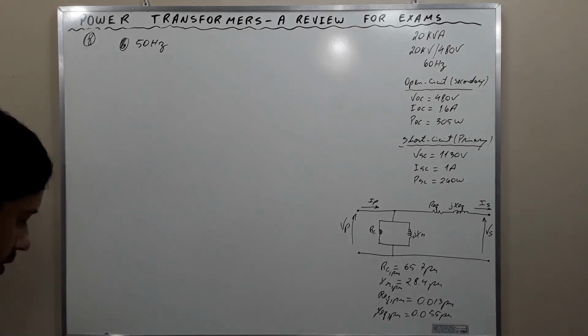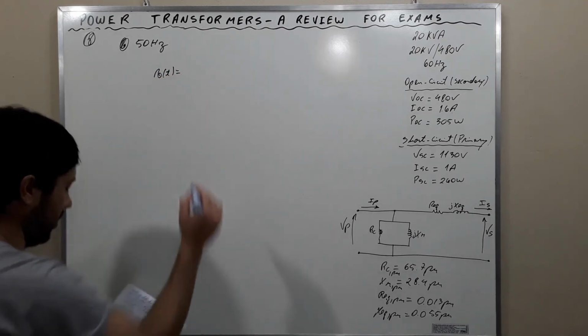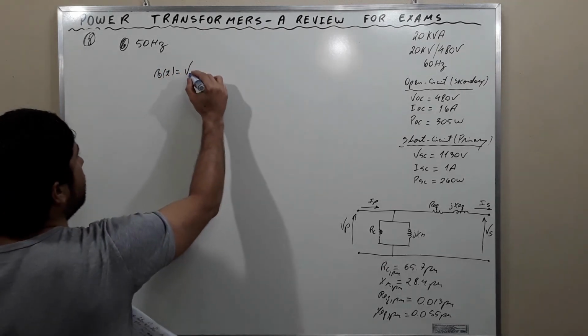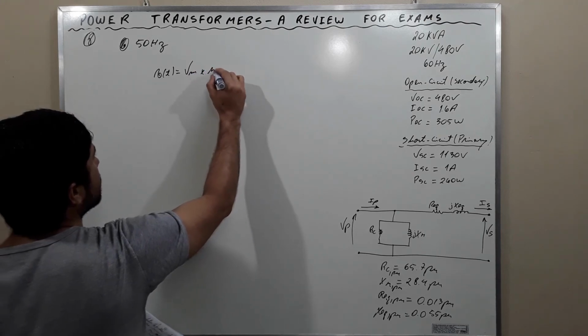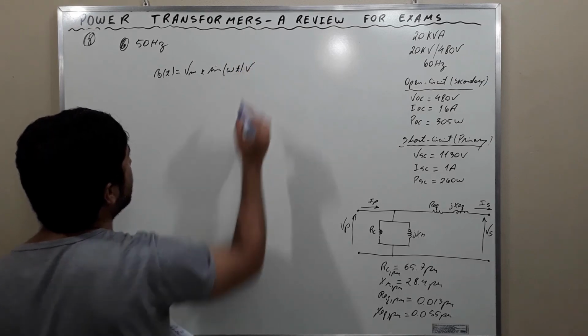Okay, to understand what would happen, let's understand that voltage can be written as magnitude times the sine of omega t, okay?